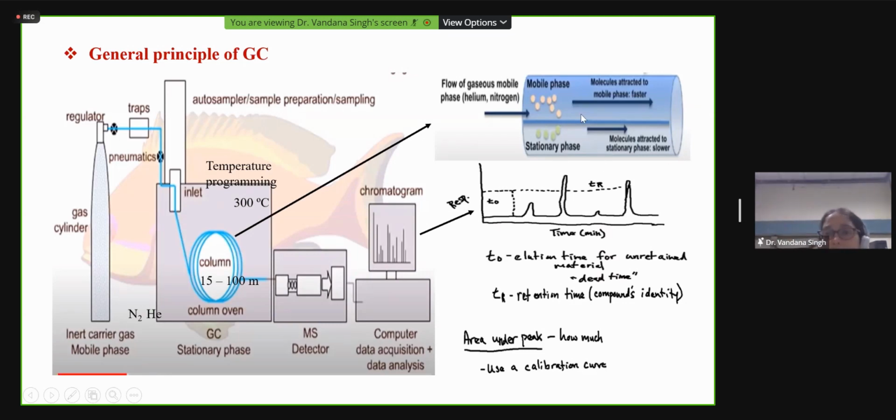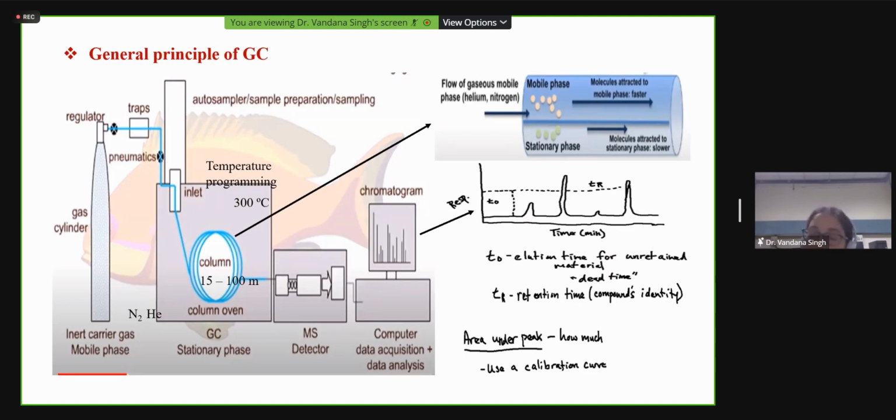So for the separated analytes leaving this column, what do we get first? We will get first the analyte which has the least solubility in this liquid stationary phase and the most volatility. The first compound that comes out of this column will hit the detector at a certain time, and that time is called the retention time.